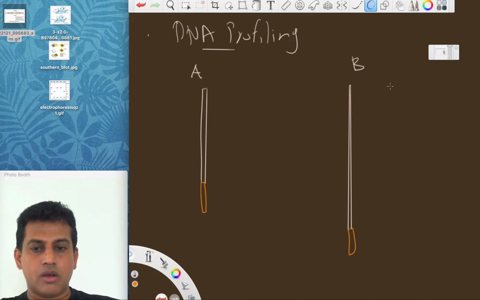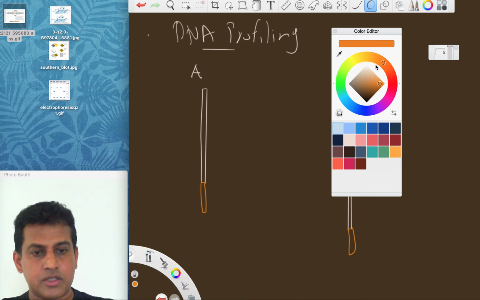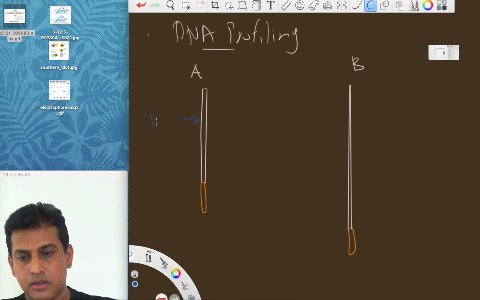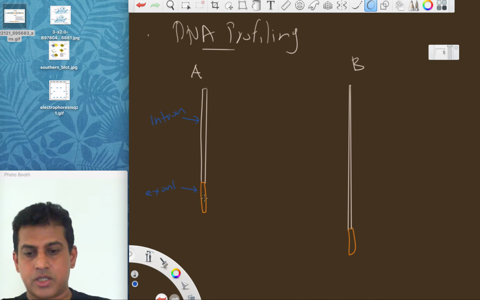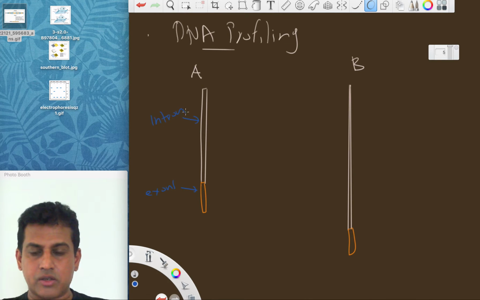Look here, this one is an intron, and this one is an exon. As you already know, exon is the coding region, introns are the non-coding region.